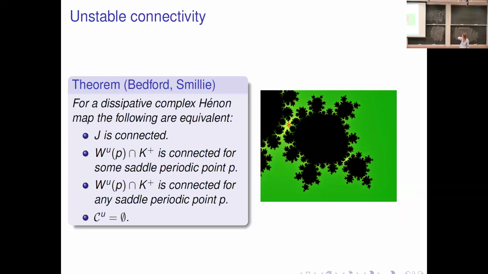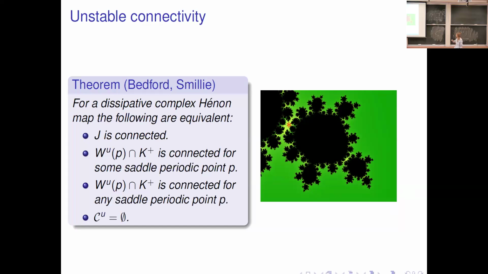And in fact, they have a list of equivalent conditions. So I'm stating here 4 conditions, and there will be more, and they have even more in their paper. So this is Bedford, Smiley, I believe 6. So we look at the unstable manifold of the saddle point P, and we intersect it with K plus.